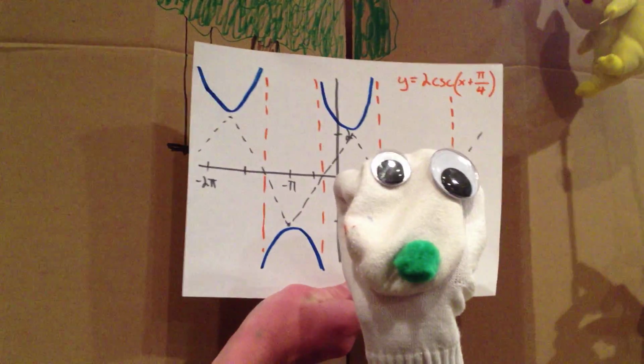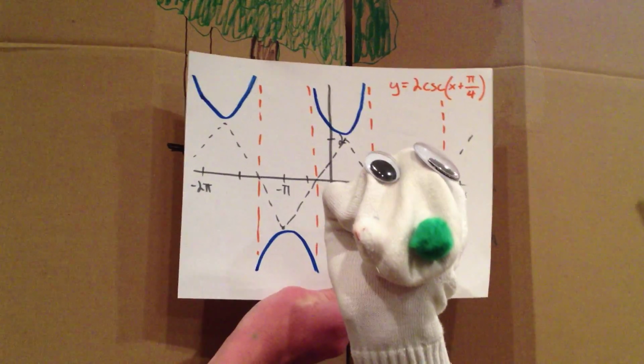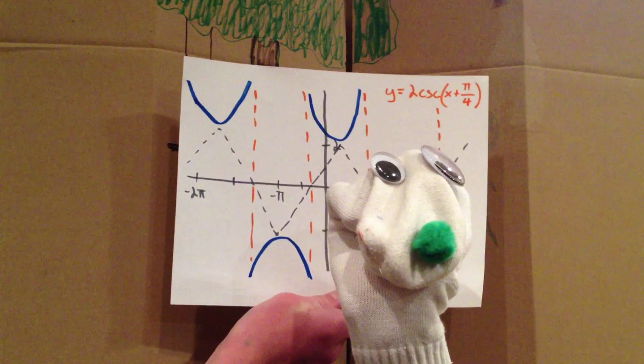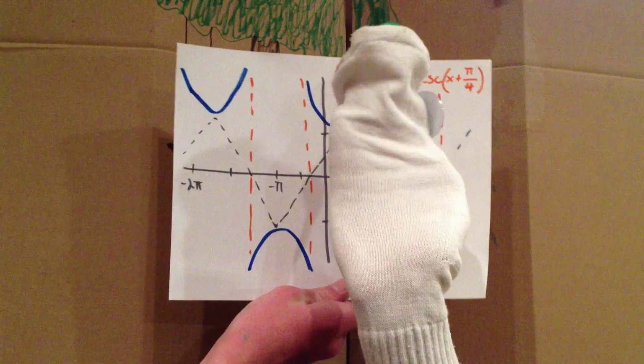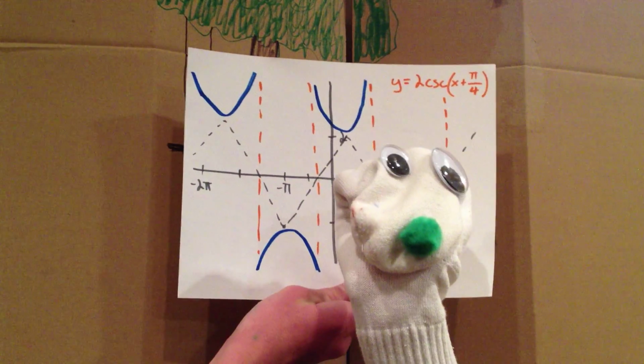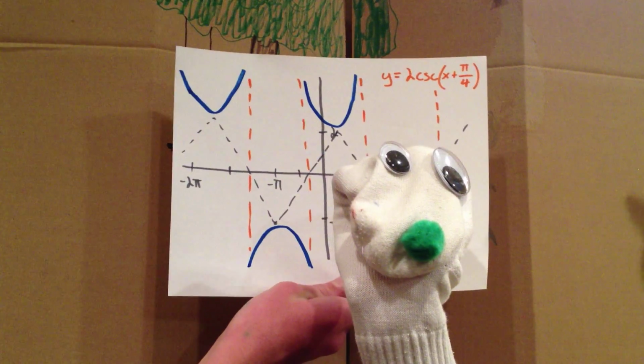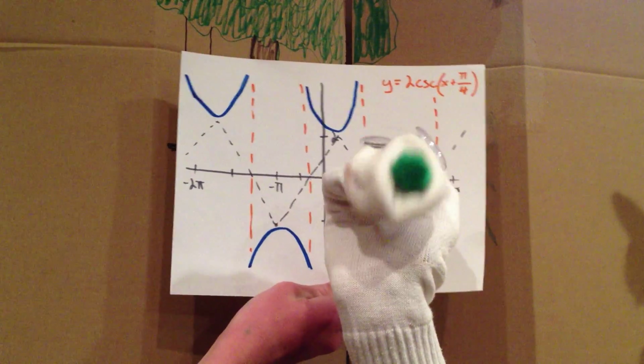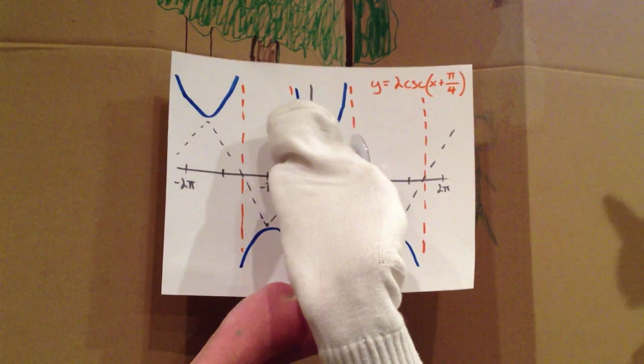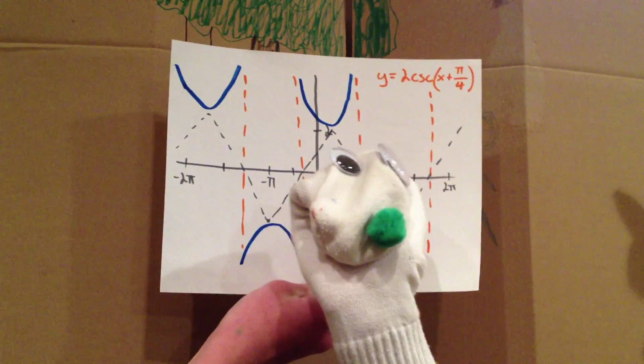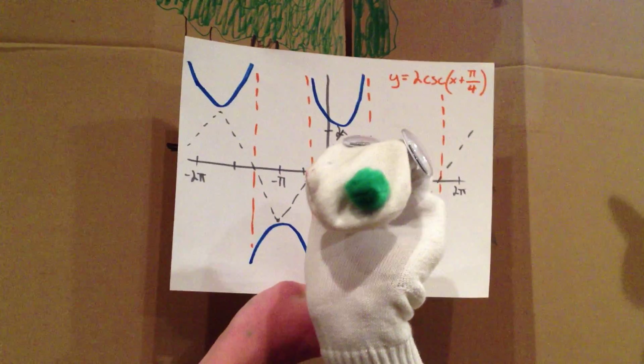We have two transformations going on in this problem, a vertical and a horizontal. We'll look at the vertical first. We have a 2 in front of the cosecant, so all of our y values are going to be multiplied by 2. So instead of our y values being 1 and -1, they're now 2 and -2. Easy enough for that one.